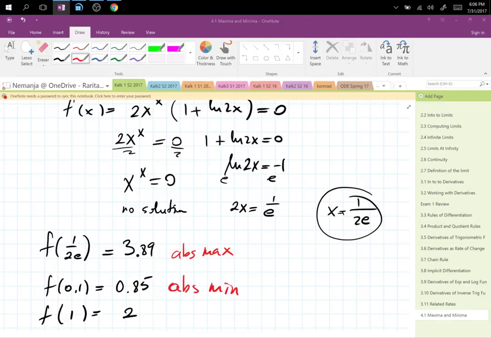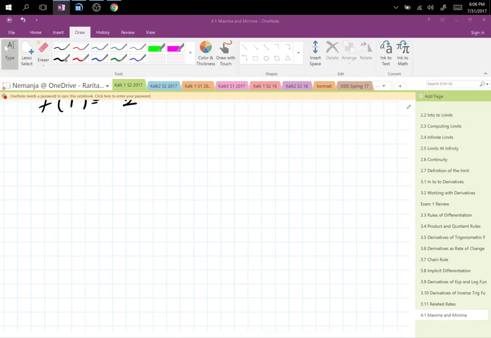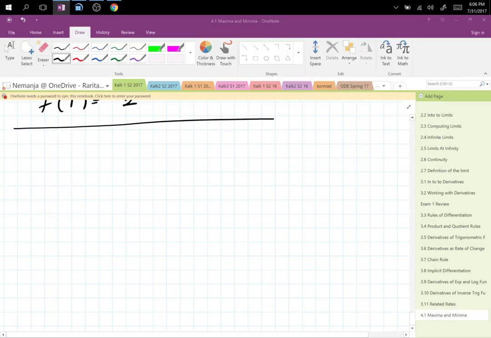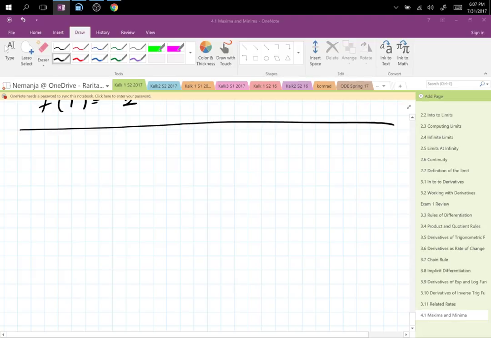All right, one more. Problem 59. It says find the critical points, determine the extreme values on the interval, right?